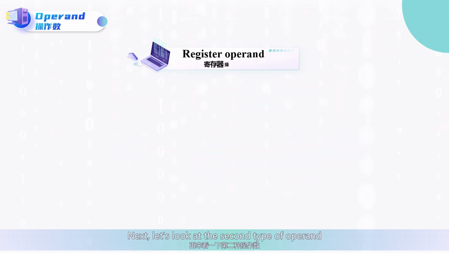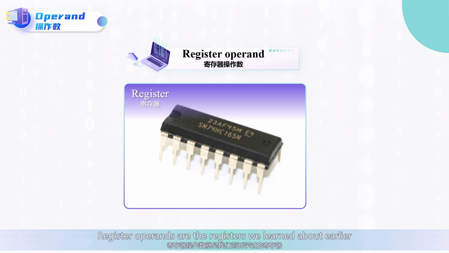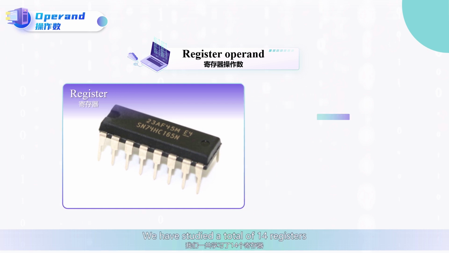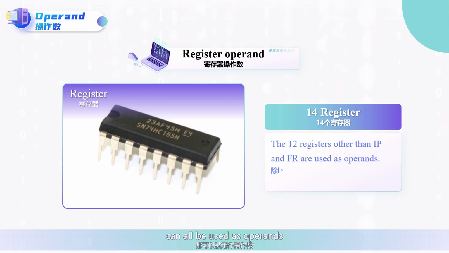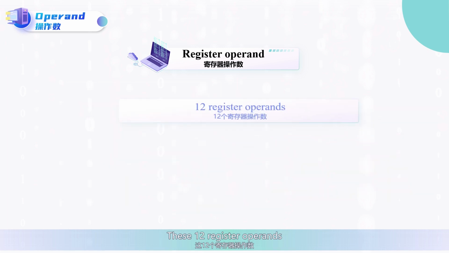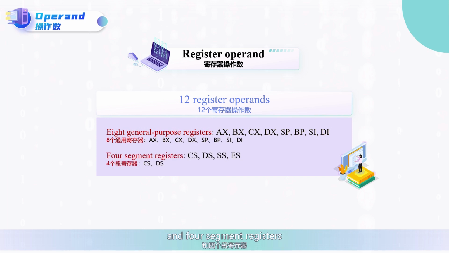Next, let's look at the second type of operand, the register operand. Register operands are the registers we learned about earlier. We have studied a total of 14 registers, and except for IP and FR, the remaining 12 registers can all be used as operands. These 12 register operands include 8 general purpose registers and 4 segment registers.